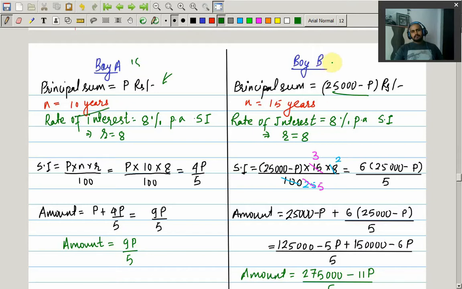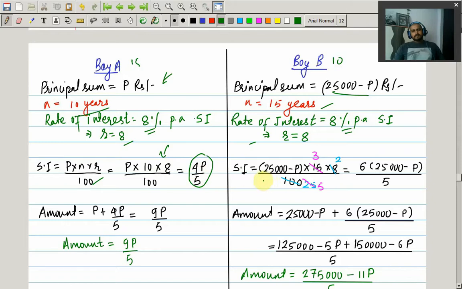Boy B is 10 years, so he is keeping this money for 15 years. Rate of interest is 8% per annum, same for both, so R is 8, R is 8. Let's calculate simple interest by this formula. Just put all the details into it, you will get 4p by 5.